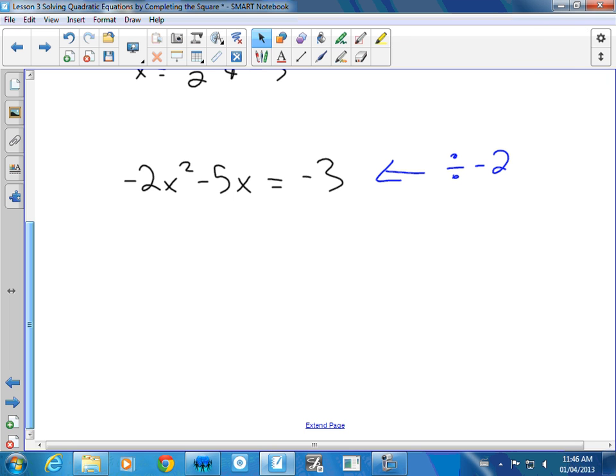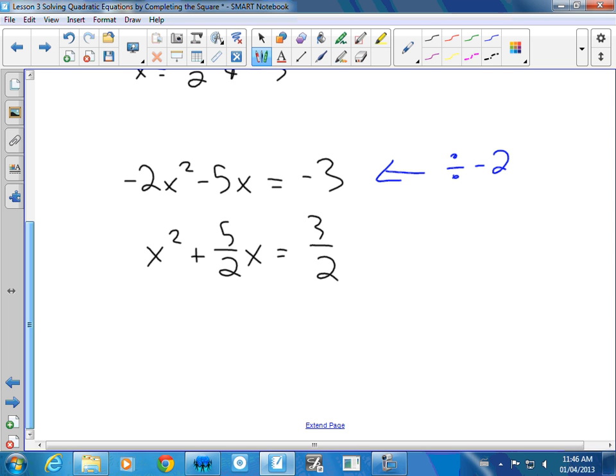Now this is where it gets weird, because all of a sudden we're dealing with fractions again. So what do we get? X squared. Now careful. Negative 5 divided by negative 2. Negative divided by negative is a positive. So 5 over 2, x. Negative 3 divided by negative 2 is positive 3 over 2. That's not bad.